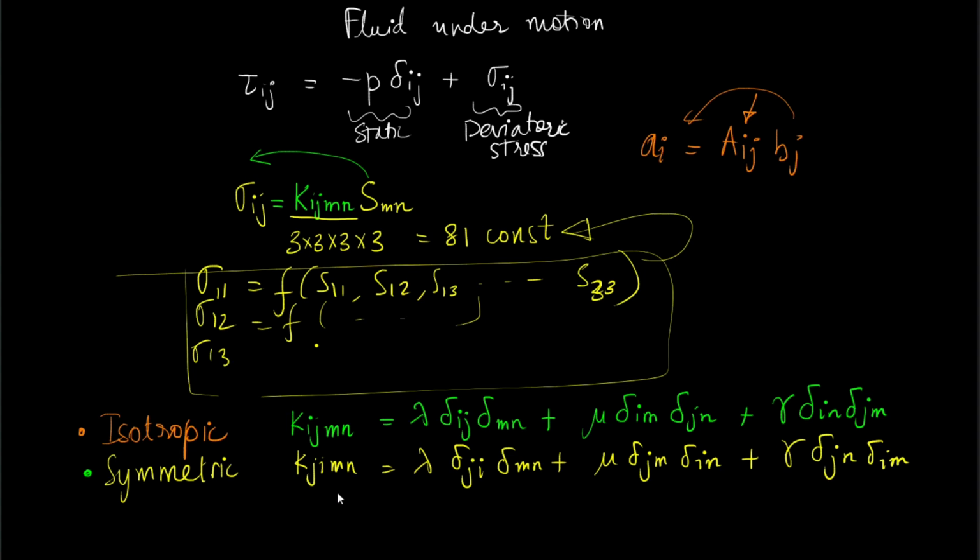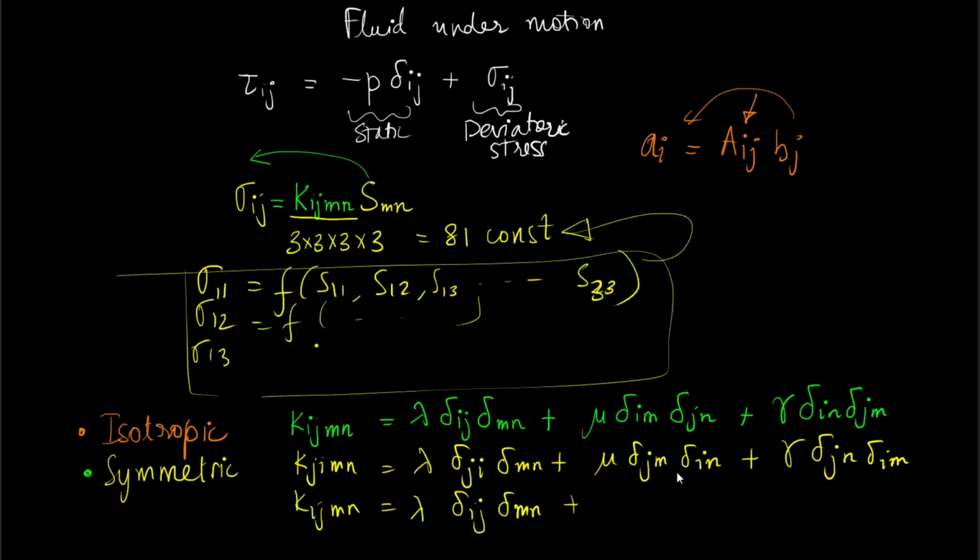And because it is equal, Kjimn is also equal to Kijmn, and it is equal to this thing. Now ij are swappable for delta because i equal to j is all that matters for the Kronecker delta. So this will be delta ij delta mn.